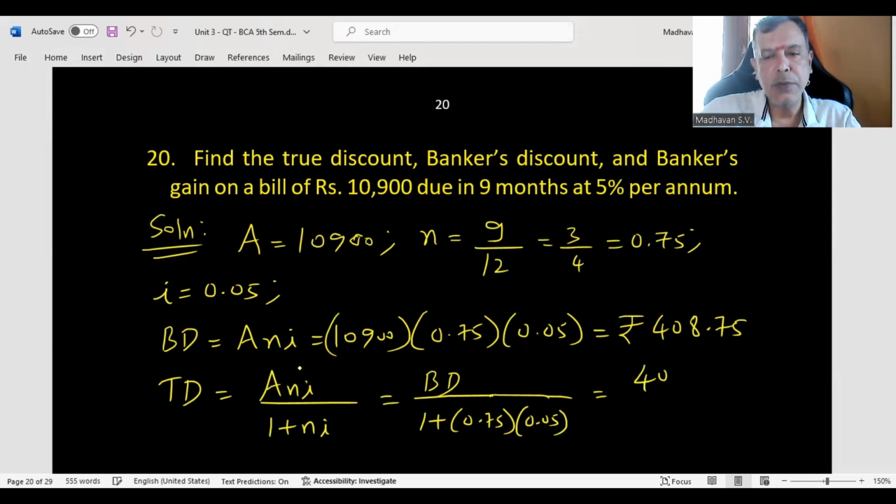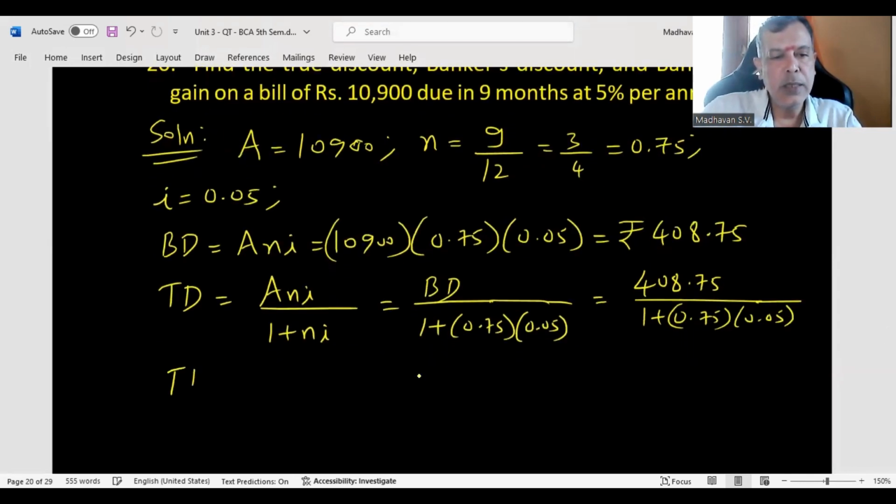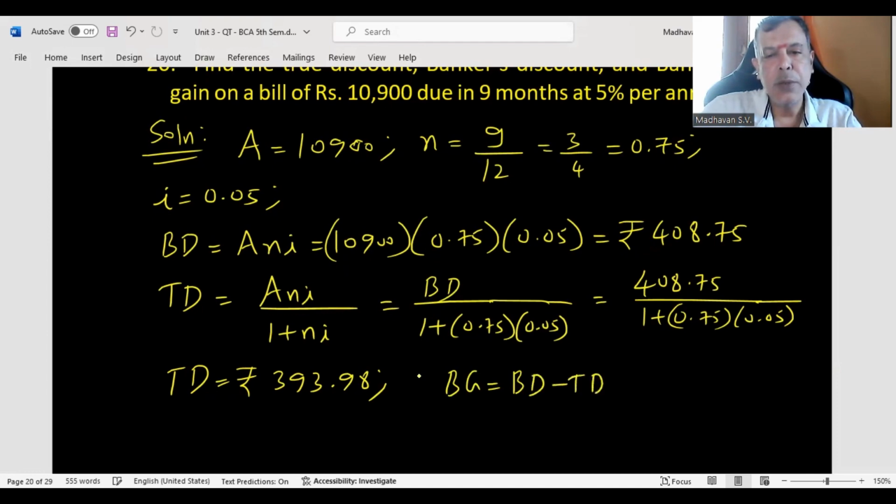Banker's discount is 408.75 divided by 1 plus 0.75 times 0.05. So if we calculate this, we'll get the true discount as rupees 393.98.